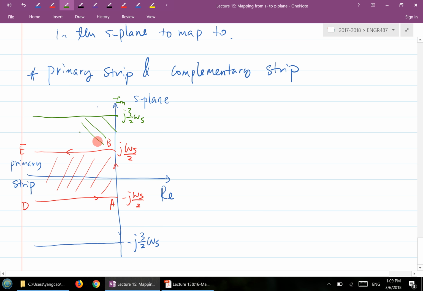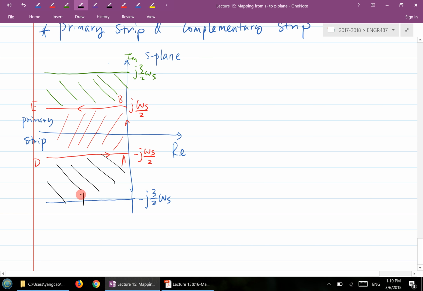Then you can construct basically as many as possible, right? Ups and downs. And those regions here are called complementary strips.